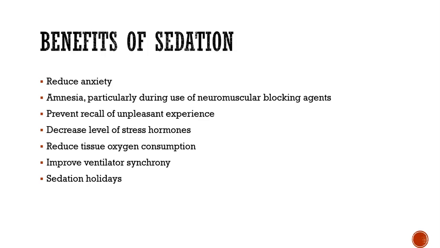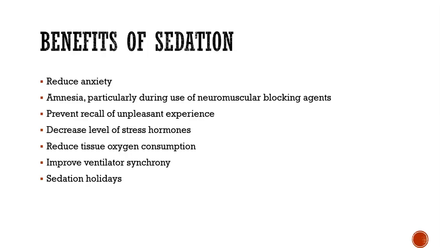Okay. So amnesia, we want to induce amnesia when we use these neuromuscular blocking agents because you're paralyzed, and you never paralyze somebody without having sedation, because that is legit cruel and inhumane. So whenever you're intubating somebody, always sedate them before you paralyze them.